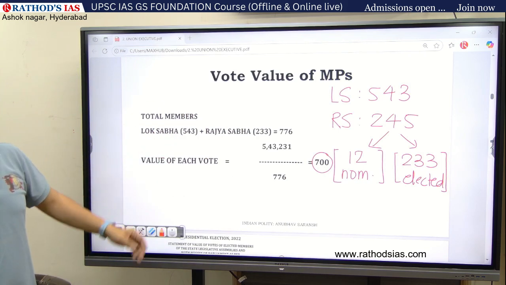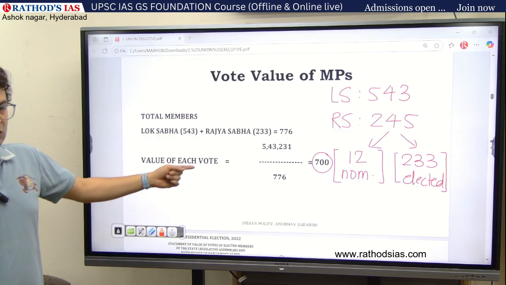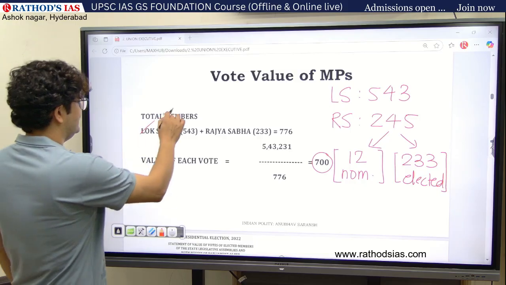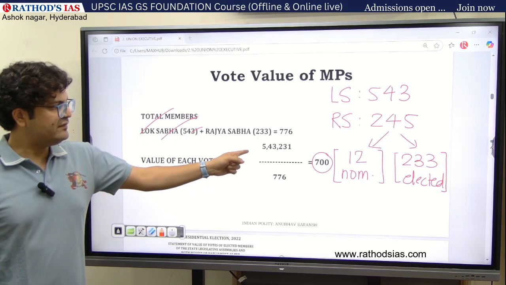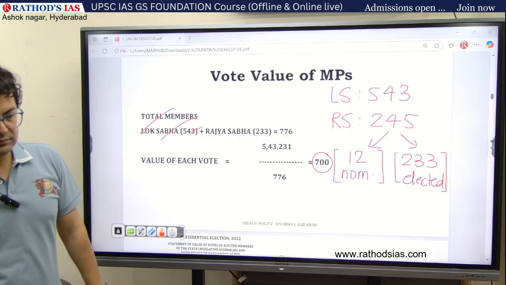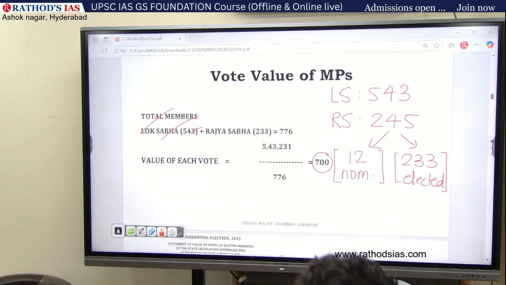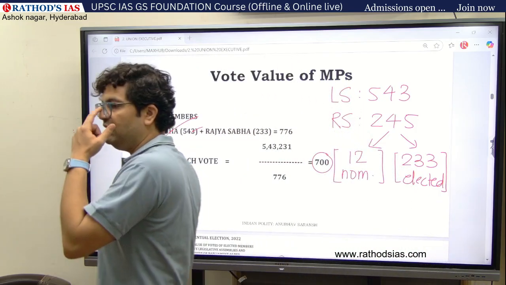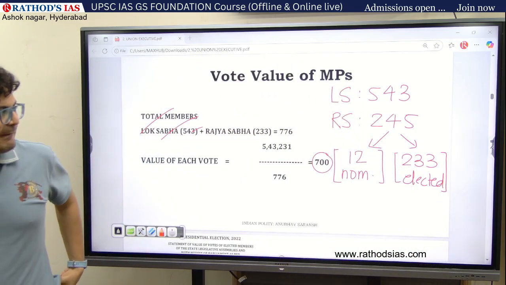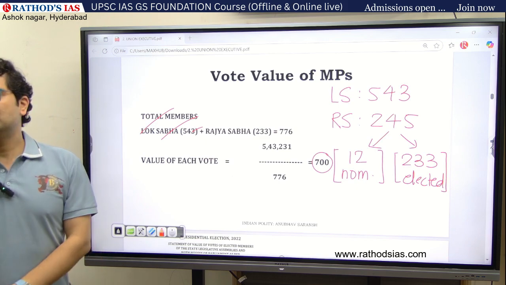Just write this. Once the formula is written, just below this write value of each vote equals 543,231 upon 776.